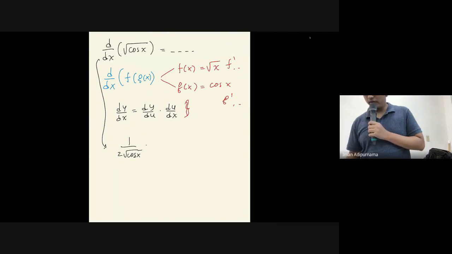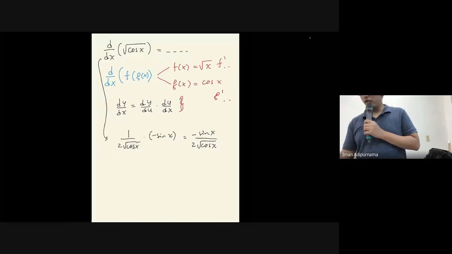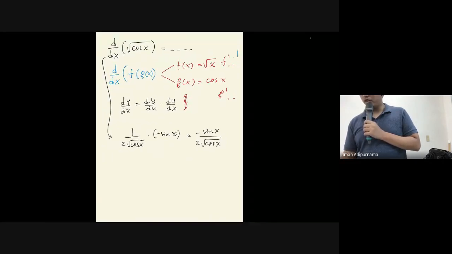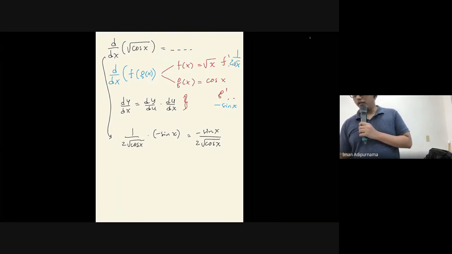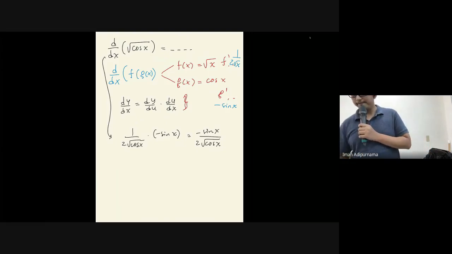And multiply by negative sin x. And yeah, this is your answer. But if you want to do it one by one, f prime is 1, and g prime is negative sine x, then you can plug in the negative sine x, put back into the equations.